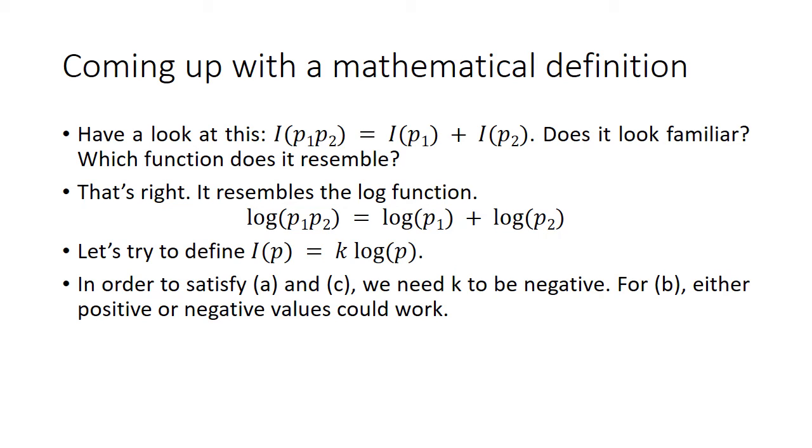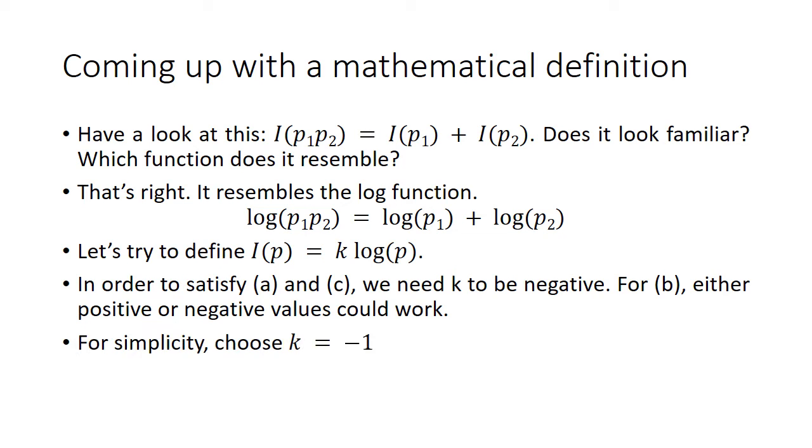But for satisfying A and C, you would find out that you need K to be negative. So I of 0 should be infinite, right? Whereas log of 0 would be negative infinity. So you need K to be negative so that negative and negative signs cancel out, and you can get positive infinity. So you need K to be negative. That's the long story cut short.